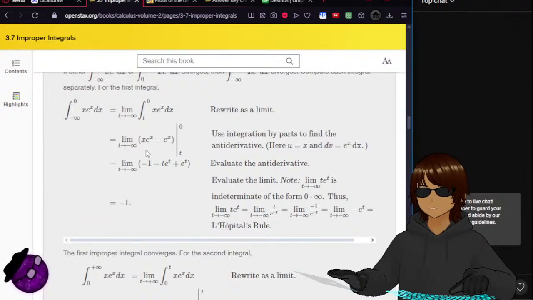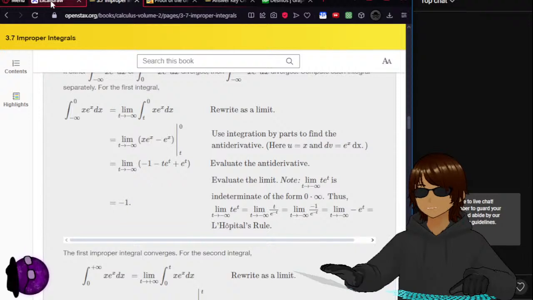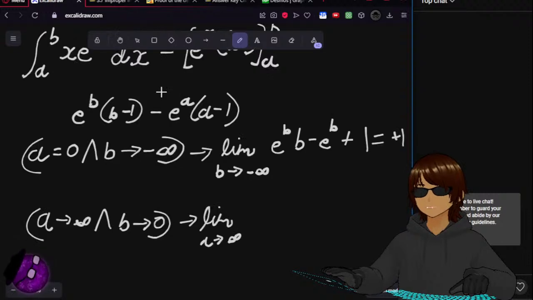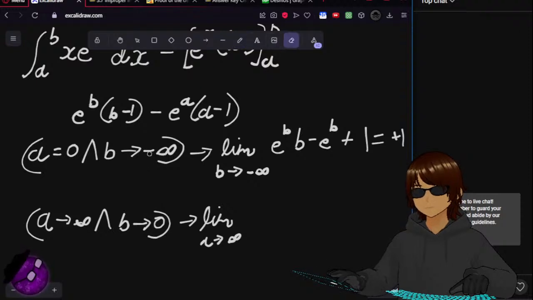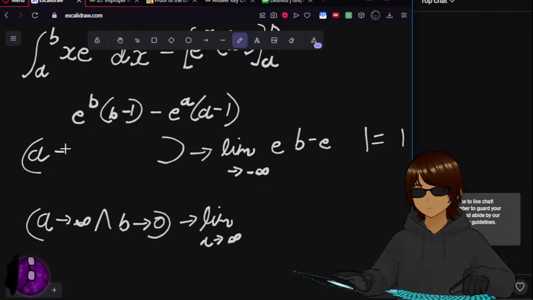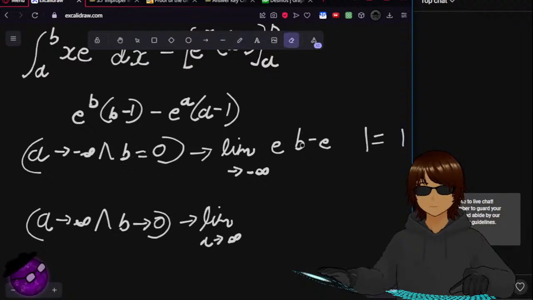I'm still thinking maybe I could be wrong. So dt. Oh, wait. It should be a goes to -infinity, not the other way around. That's why I was getting confused. B is equal to 0.